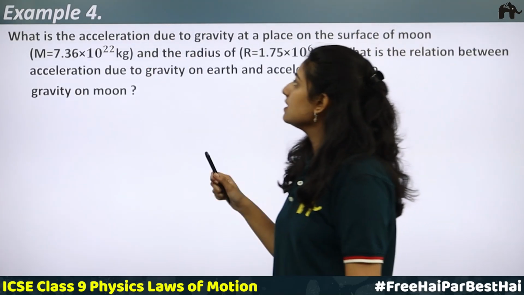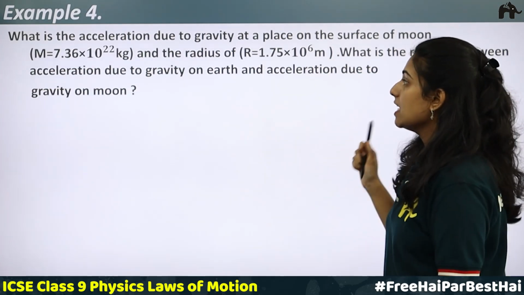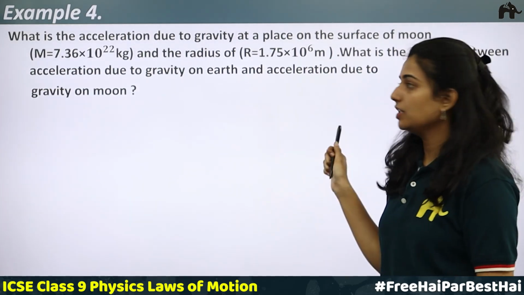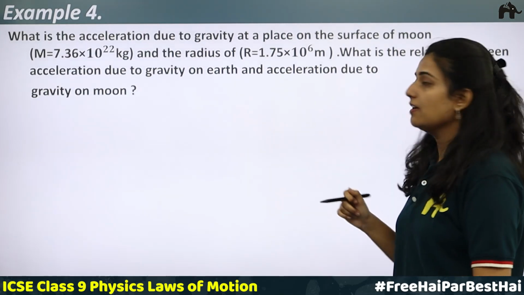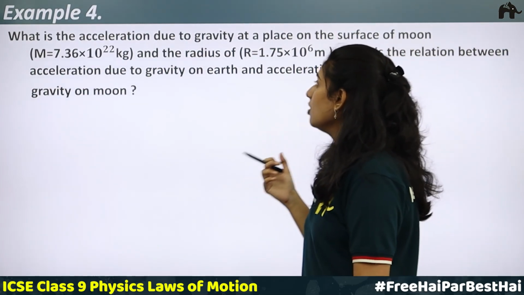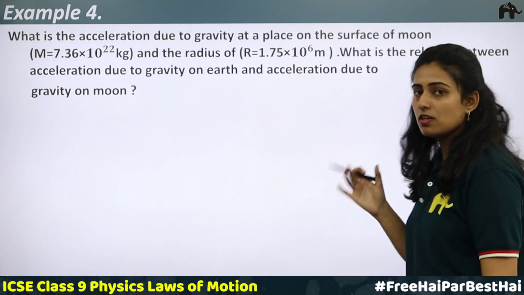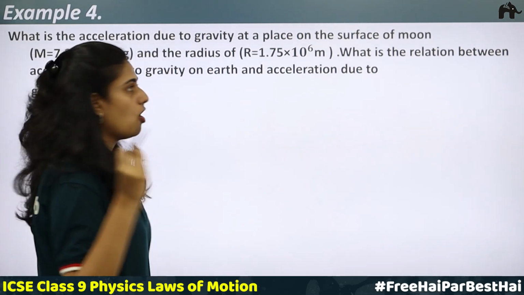Example 4. What is the acceleration due to gravity at a place on the surface of moon of mass 7.36 into 10 raised to 22 kilogram, and the radius r is equal to 1.75 into 10 raised to 6 meter? What is the relation between acceleration due to gravity on Earth and the acceleration due to gravity on moon? First we will find the acceleration due to gravity on moon.